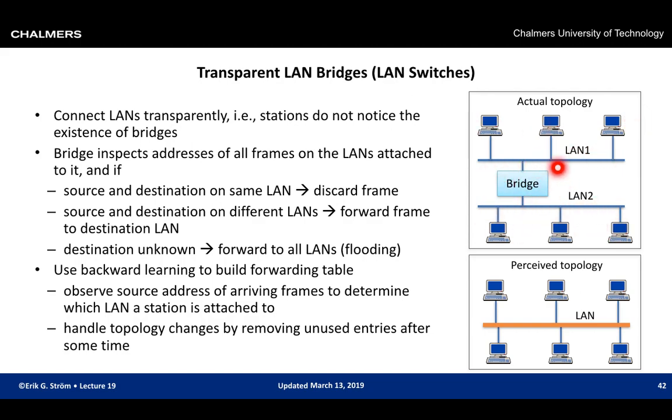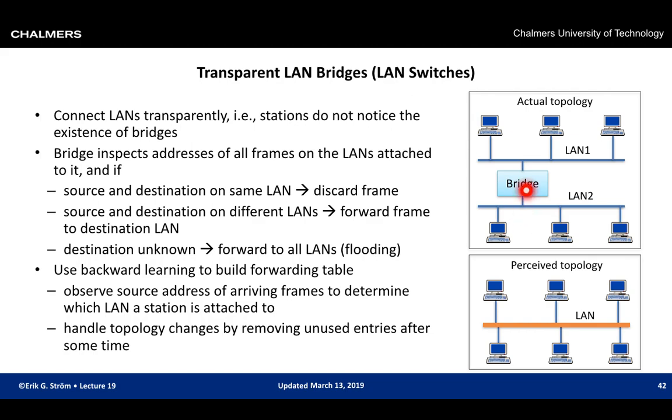We put in this bridge device, and then for all the hosts, for all the end computers, it looks like we're communicating on one big LAN. We do that in a way where the data link layers of the nodes are oblivious to the bridge, so the existence of the bridge is transparent to the hosts.